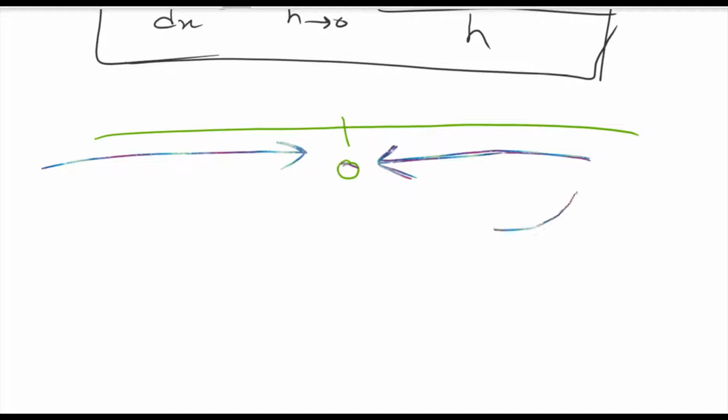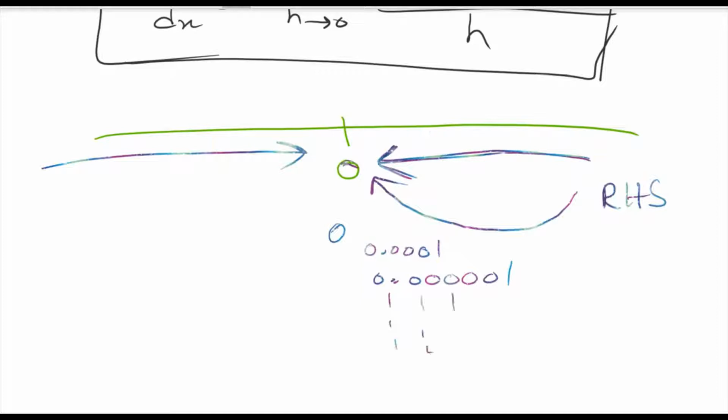So when we approach 0 from the right hand side, we apply the right hand limit. If I take the value 0 here, I can approach 0.0001 or 0.000001. In this manner, I can go to n number of values closer to 0.